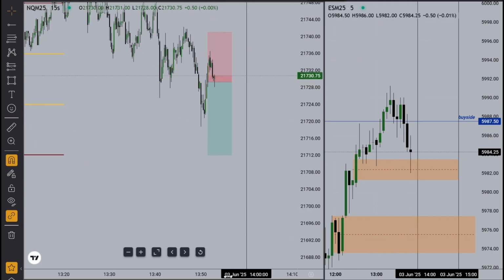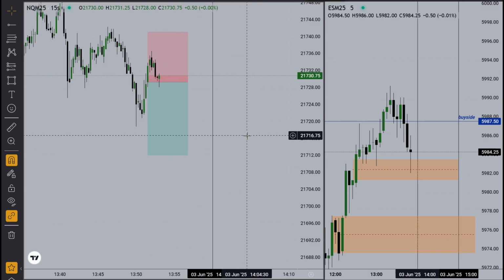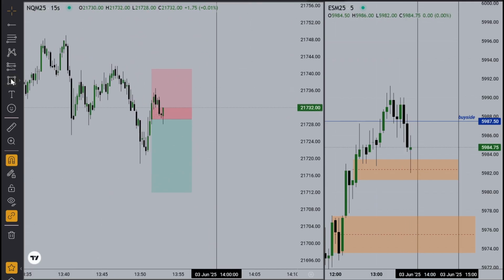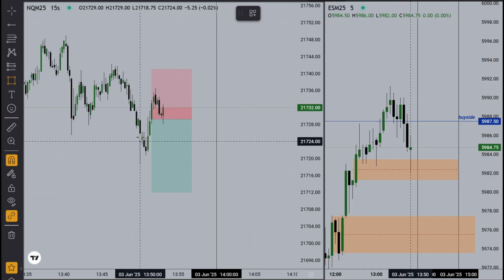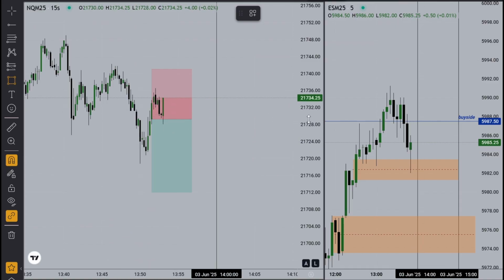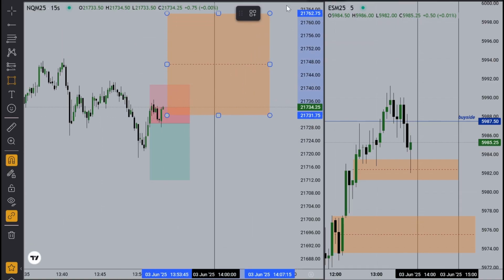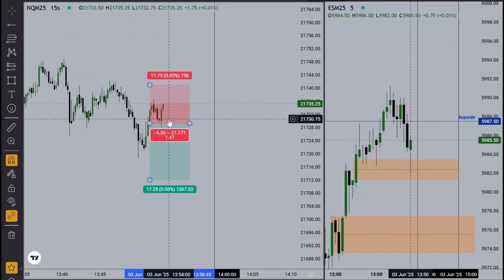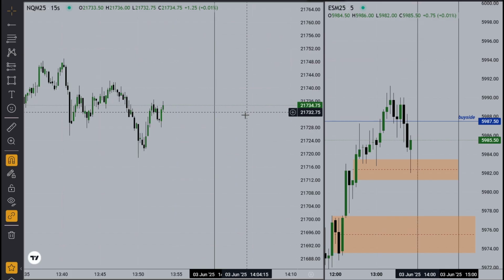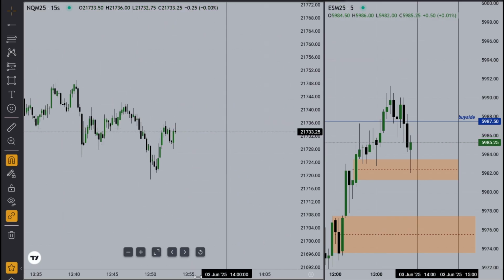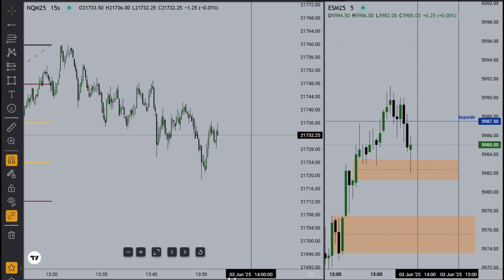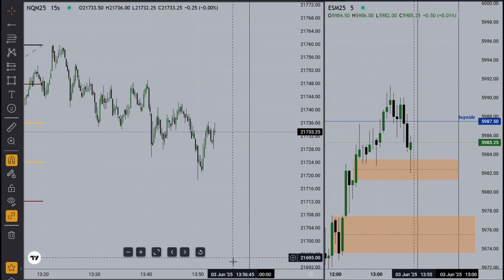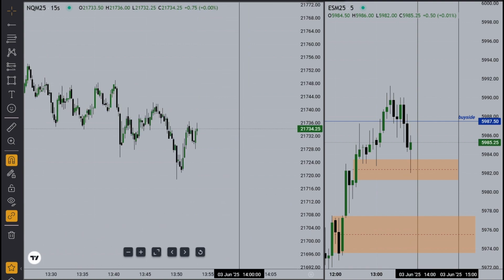As you can see over here, we're trying to check where the market tends to go. On the right hand side we've got ES, and on the left hand side would be NQ, so we're looking for any correlations.